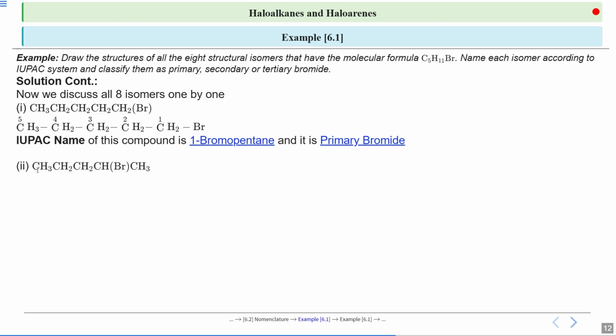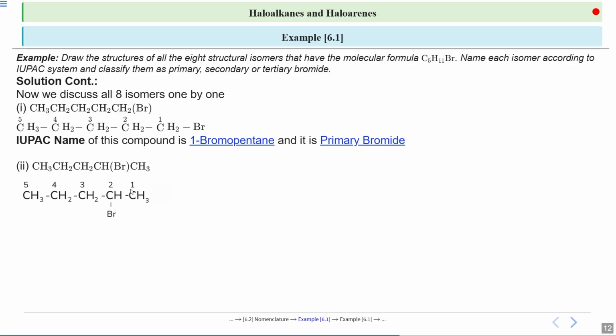Second isomer: you just have to change the position of the halogen. CH3, CH2, CH2, CH, Br, CH3. That means from the first, we have put the bromine at the second carbon.